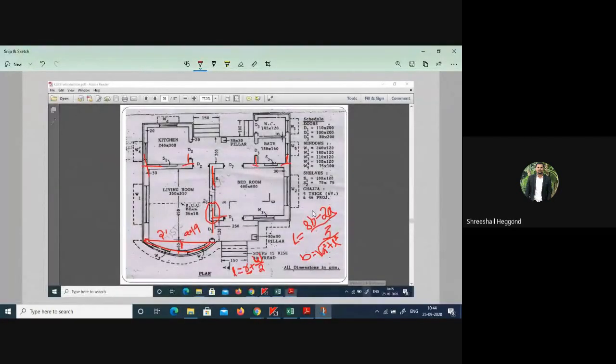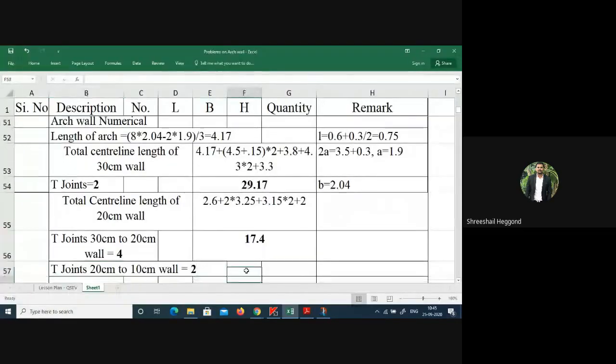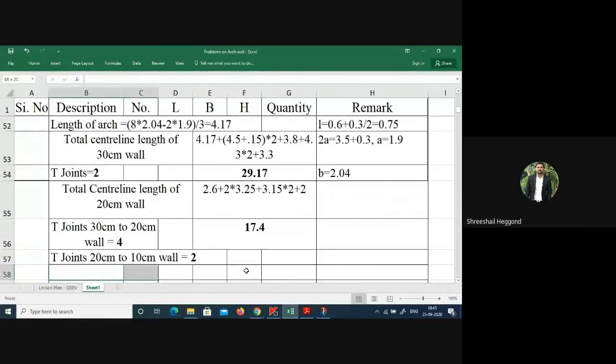For 20 to 20, there is no T junction, therefore we will be leaving it. Between 20 and 10 centimeter, here is 1 T junction and here is 1 T junction. You can see over here, this is a 10 centimeter wall. 10 centimeter center to center length also.